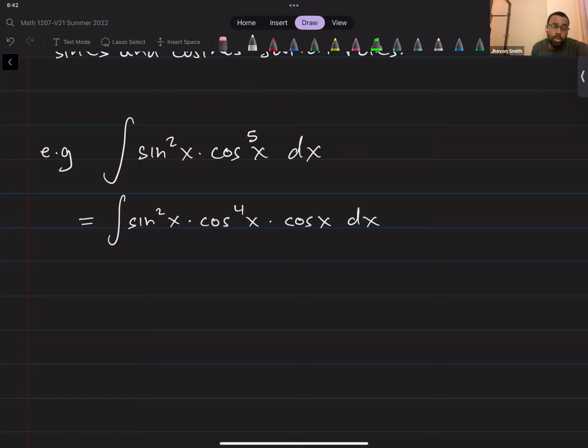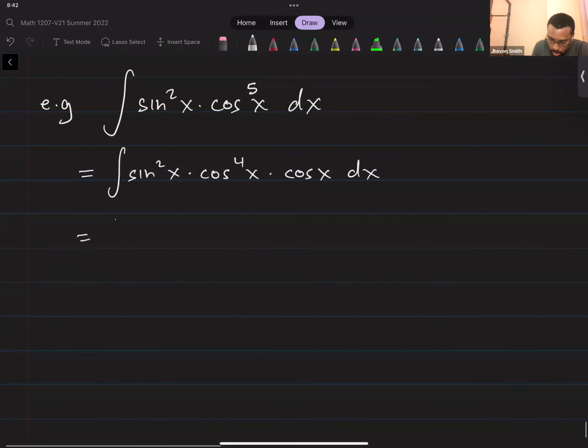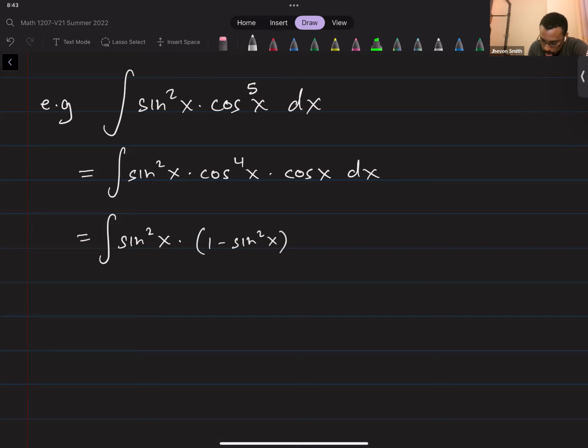Then you're going to change all remaining cosines to sines, right? So you're going to use, of course, the identity now, you're going to change cosine squared to 1 minus sine squared. So this is going to be 1 minus sine squared, right? Because this guy here is cosine squared squared.